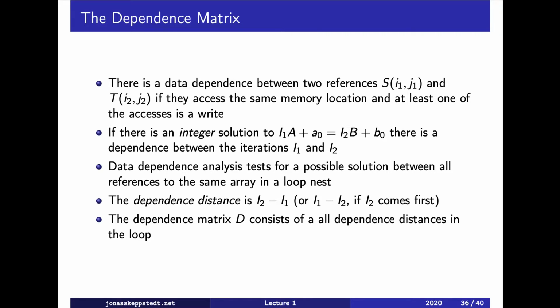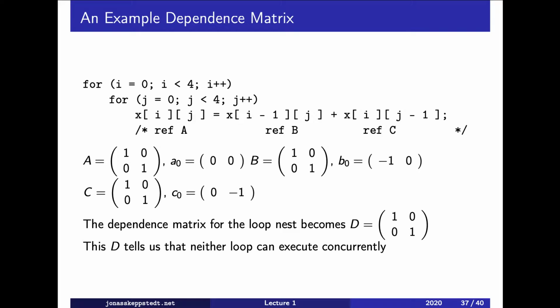Let's look at an example. Here we have 3 references, A, B, C, with these matrices and vectors, and there is a dependence between A and B, and also between A and C. Obviously they can access the same memory location.